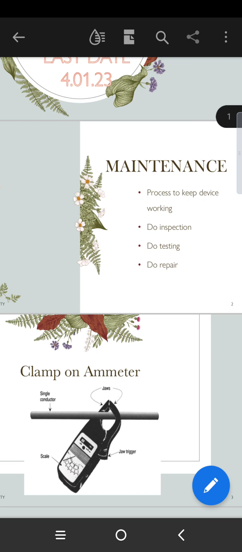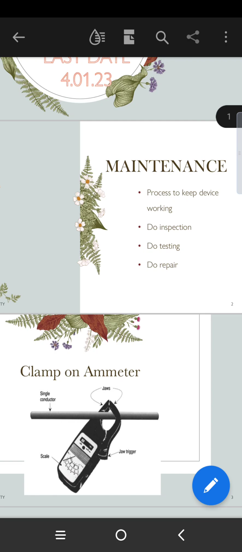For example, it can be said to you that maintenance covers process to keep dash. So you can have choices like device working, device not working, and C and D, all or none, like that. You have to choose one of them. So multiple choice questions also you will be having. So do study from the slides.